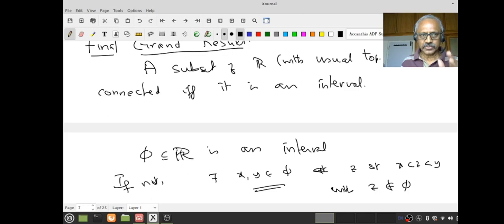Are you following? This is why your logic should be good. If it's an interval, then for every x and y in that set and every z between x and y, z must be in the set. So if it's not an interval, I have to negate this sentence. If I negate the sentence, that means there exist two points x and y in that set and a point z between x and y, and that in-between point does not lie in the set. That means if I want to prove that phi is not an interval, I have to produce two elements in the empty set. I can't do that.